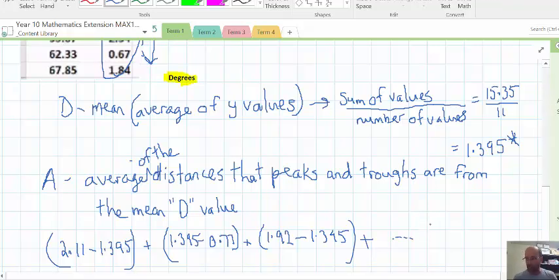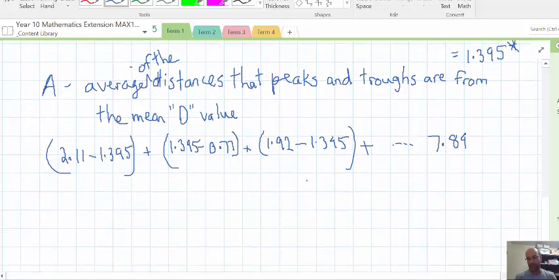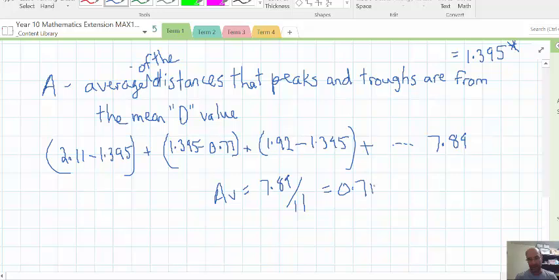Now when I got the total, please let me know if I've made a mistake, but I got 7.8945, etc. So basically we need to divide that by 11 because it's just like there we're finding the average. So the average is 7.89 divided by 11, and we get 0.717.